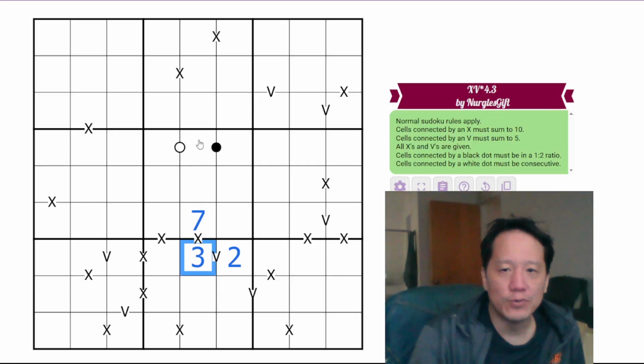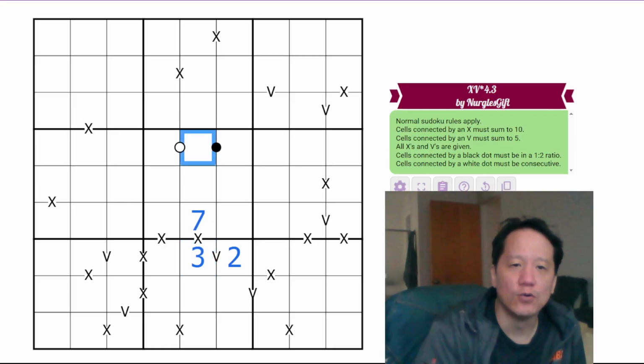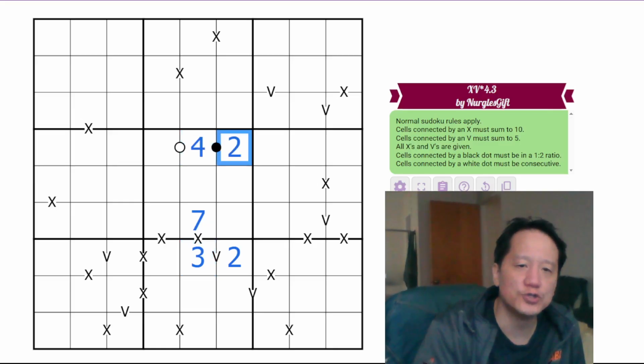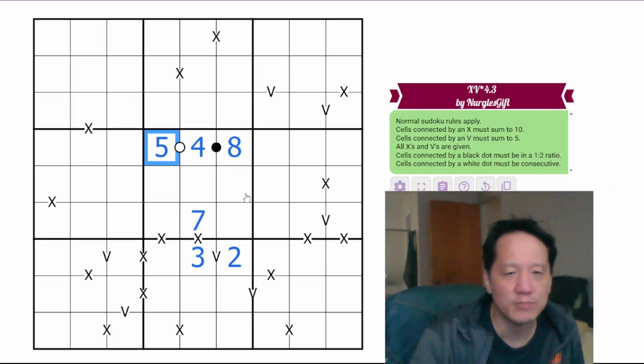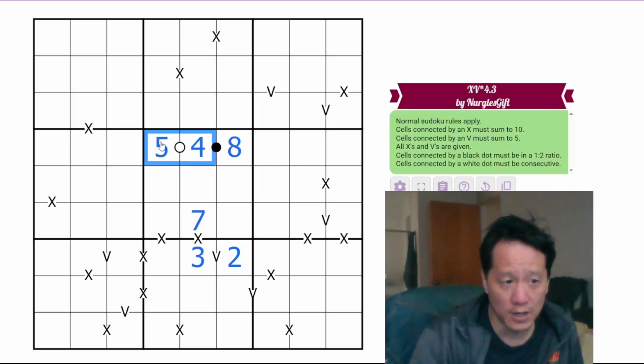So, for example, if this were, say, a 4, this digit would have to be 2 or 8 to maintain the 1:2 ratio between them, and this would have to be 3 or 5 to make sure that these digits are consecutive. And those are all the rules.